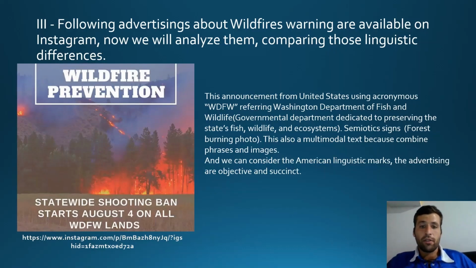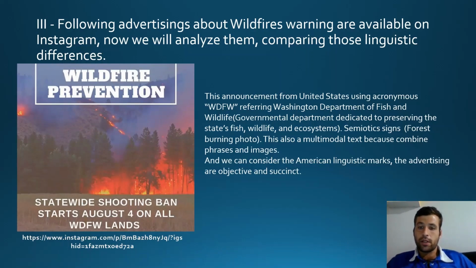Okay, first we have this announcement: wildfire prevention. A statewide shooting ban starts August 4 on all WDFW lands. This announcement from the United States uses acronyms referring to the Washington Department of Fish and Wildlife.